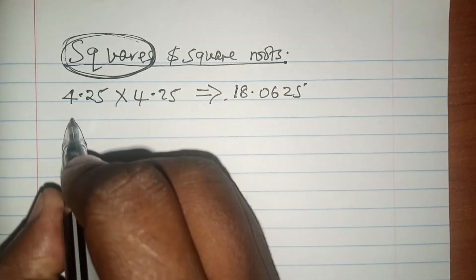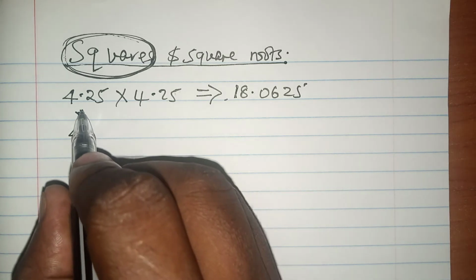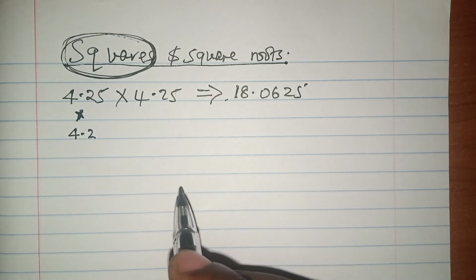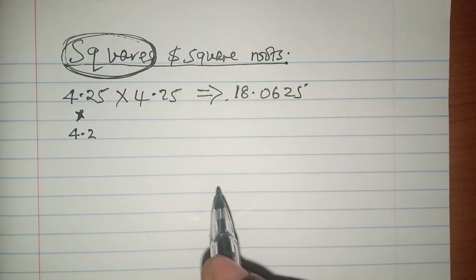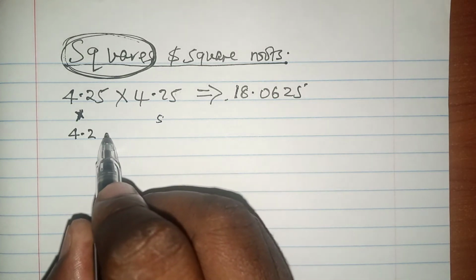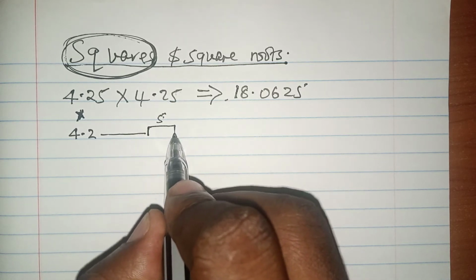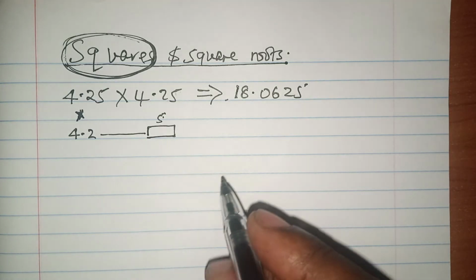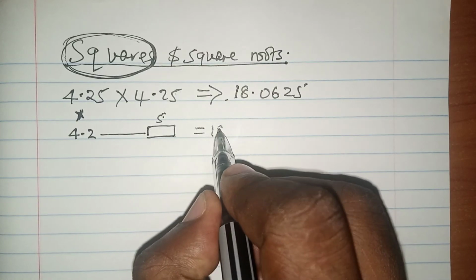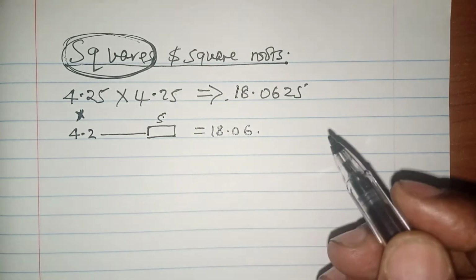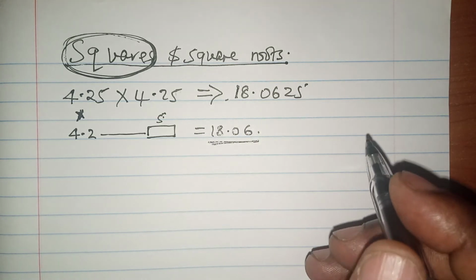You read 4.2, and then you move to the right along this row up to where it intersects with the column headed 5, and then you read that value, which happens to be 18.06. So that is the square of 4.25 using the table.